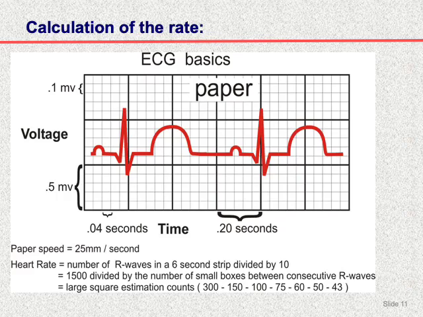If it is regular, as in most cases you will see, you divide 300 by the number of large squares. If, for example, in this patient we have 3 squares, the rate is around 100. So this is as regards calculation of the rate.